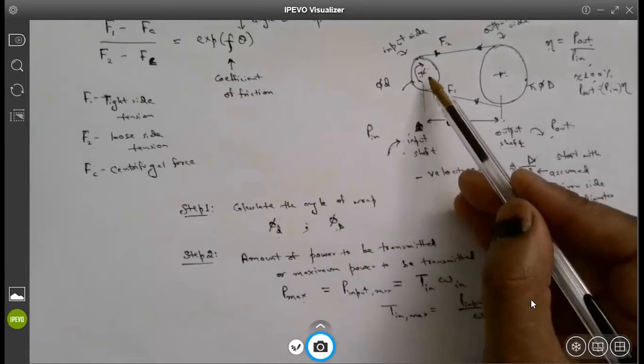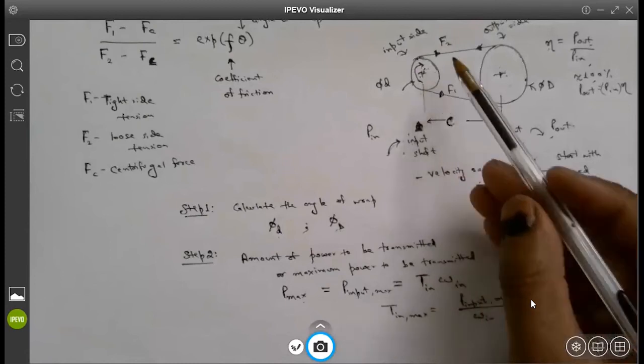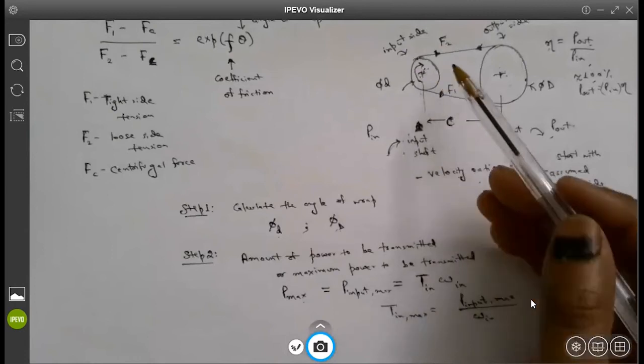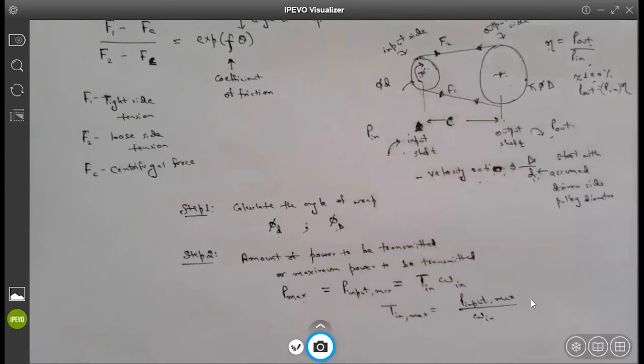Is it 1500 RPM, 500 RPM, 100 RPM, whatever RPM the input shaft or input side source is providing, you already know that rotation speed of the motor or engine, whichever agency is supplying the power. So you can find the maximum torque from these calculations. Is it clear, guys, so far?